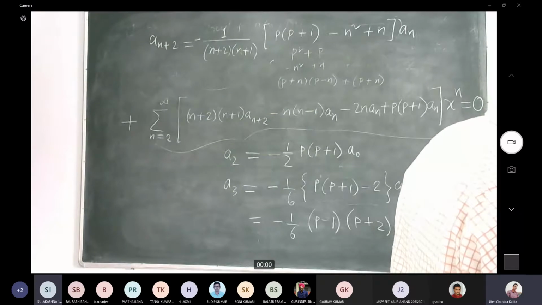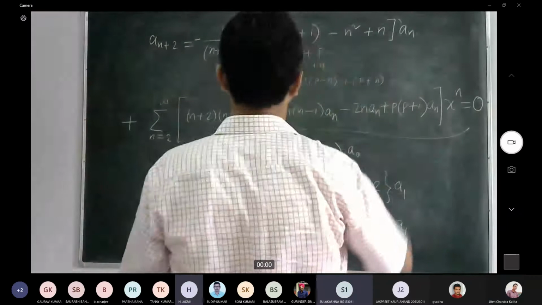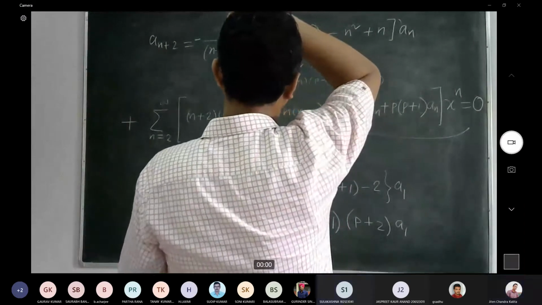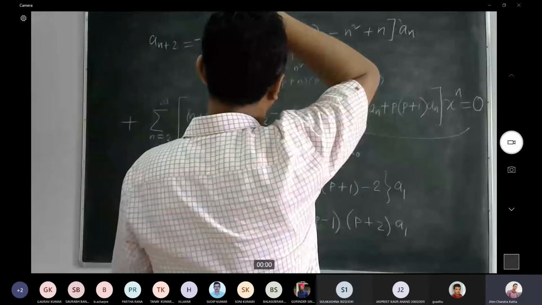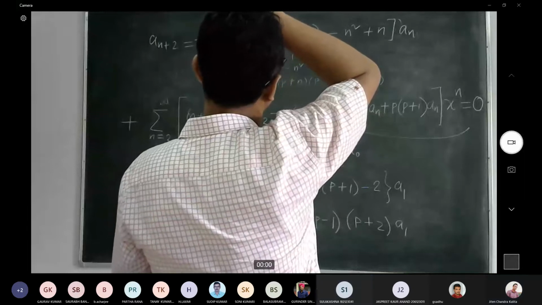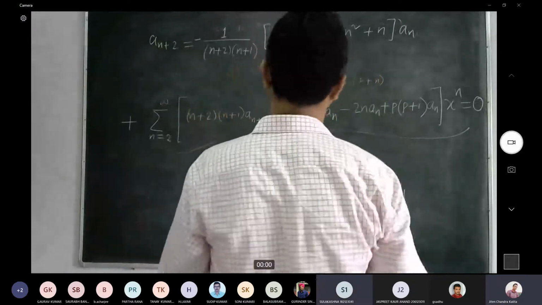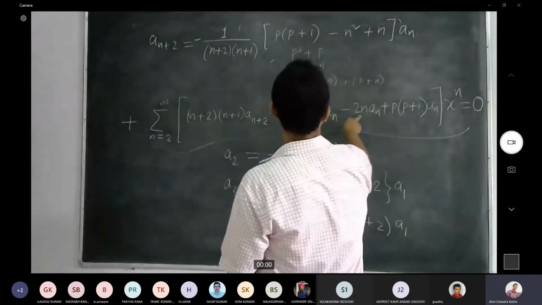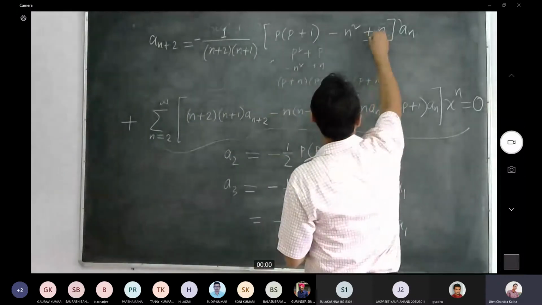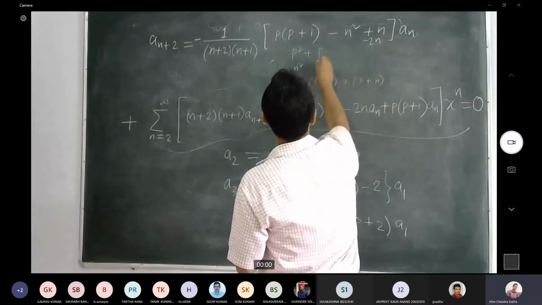Sir, minus 2n should be there, no? Minus n. Minus n, yes, sir. Just a minute. This is minus n squared plus n. Oh, there is another minus. There is minus 2n. So basically, with this 2n, this is going to be minus n, right?